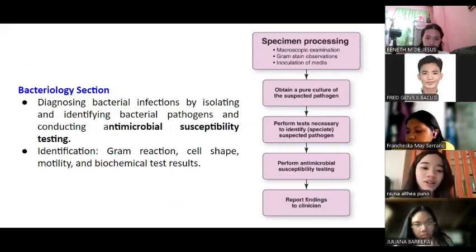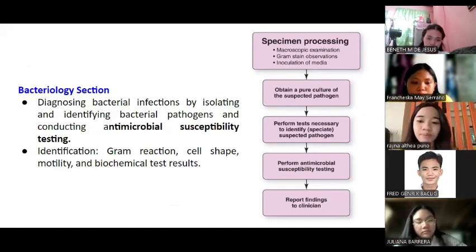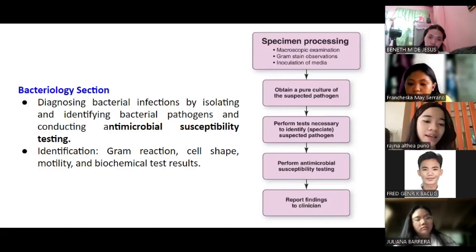For the bacteriology section, diagnosing bacterial infection is done by isolating and identifying bacterial pathogens and conducting antimicrobial susceptibility testing. So, the first step of this is to isolate bacteria from clinical specimens such as blood, urine, or tissue samples.